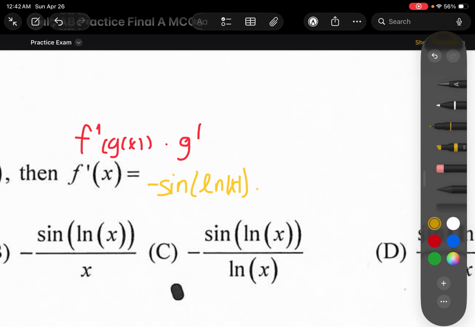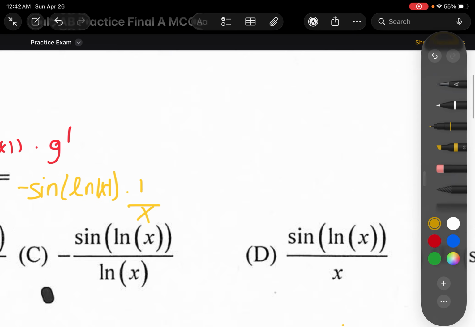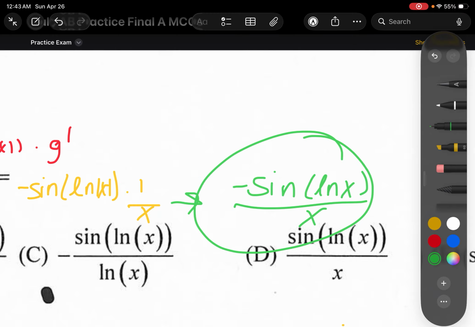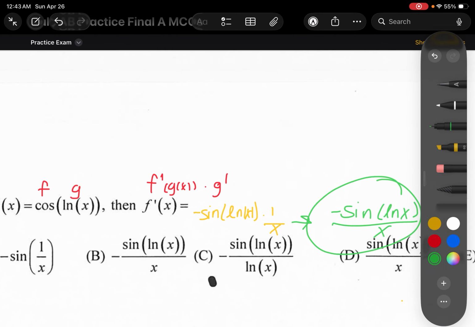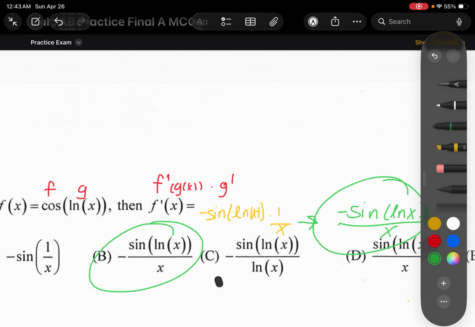The derivative of ln is just 1 over x. And then this can be simplified to negative sine of ln of x divided by x. And that matches option B.